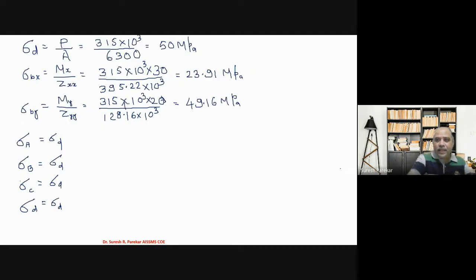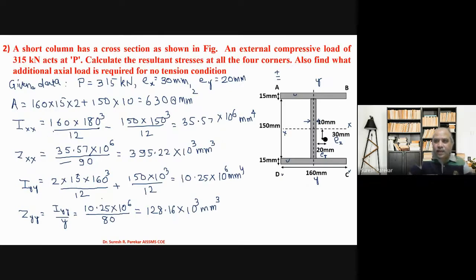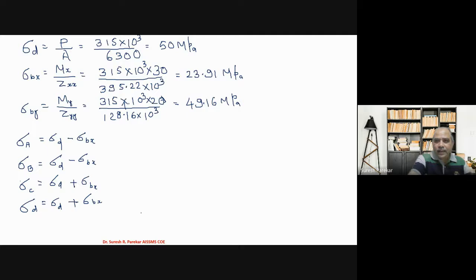AB will be minus. So minus sigma Bx, minus sigma Bx, then we have plus sigma Bx, and then we have plus sigma Bx. Now due to y, we have y on this side, and therefore we have A and D as minus and BC plus.